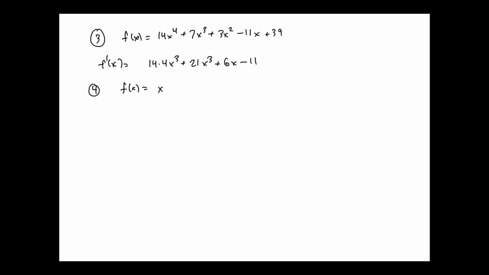What's 3 times 2? Right? Power comes down front. Did I mess something up? Oh, yeah, yeah, sorry. Any other mistakes on my part? No? What about the plus C?